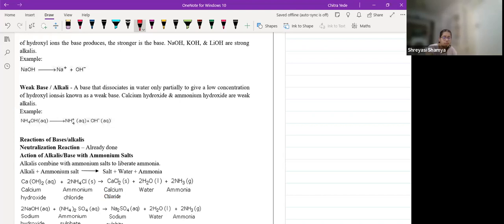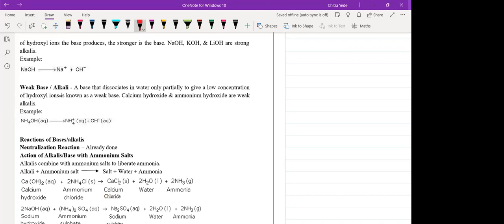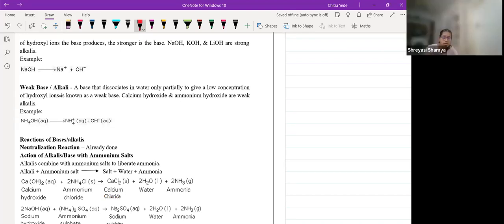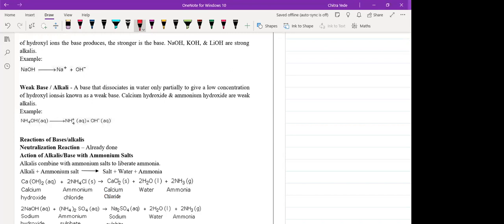Will you please repeat what alkalis and bases are?